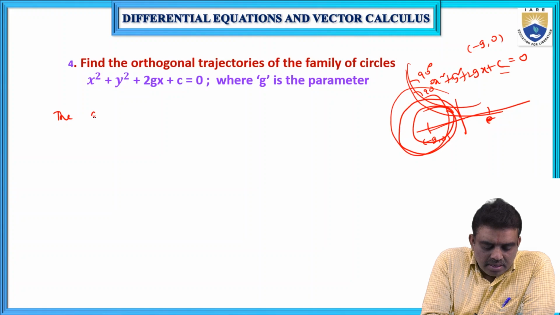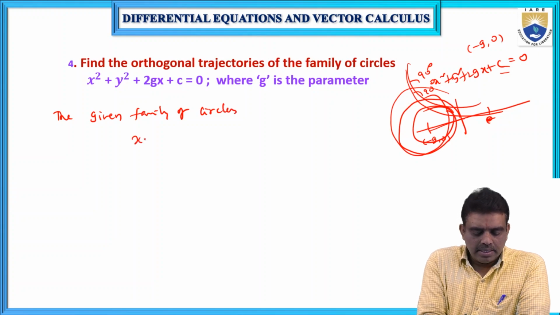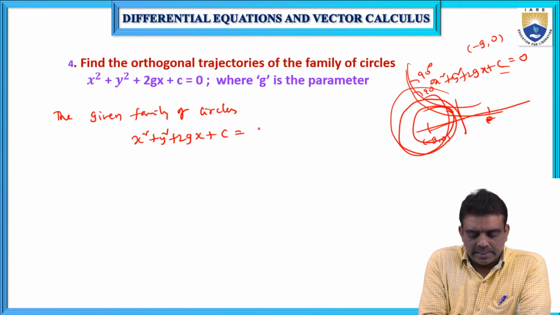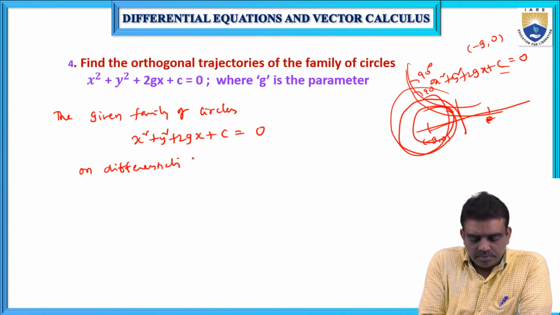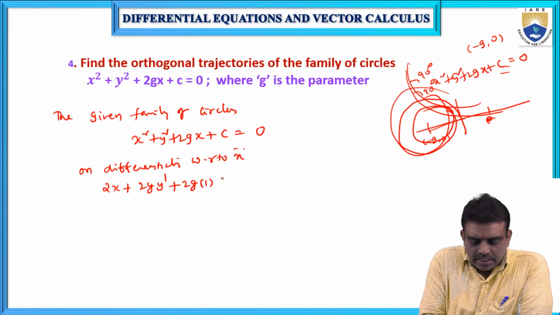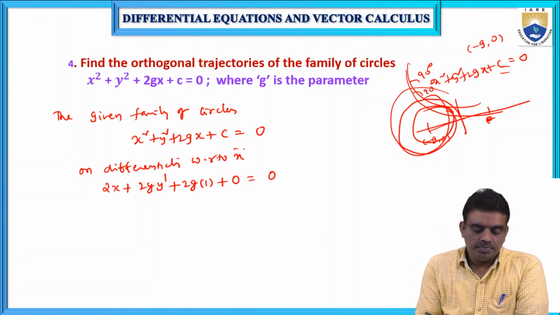The given family of circles: x square plus y square plus 2gx plus c is equal to 0. On differentiating with respect to x, 2x plus 2y y dash plus 2g into 1 plus constant derivative 0 is equal to 0.